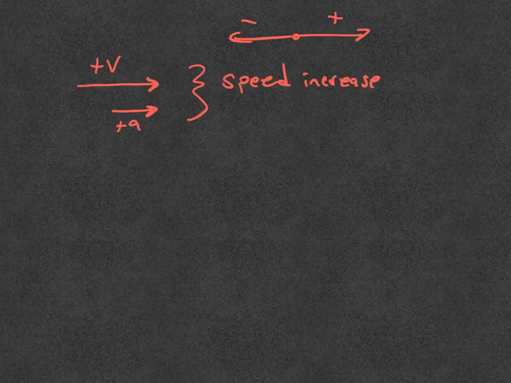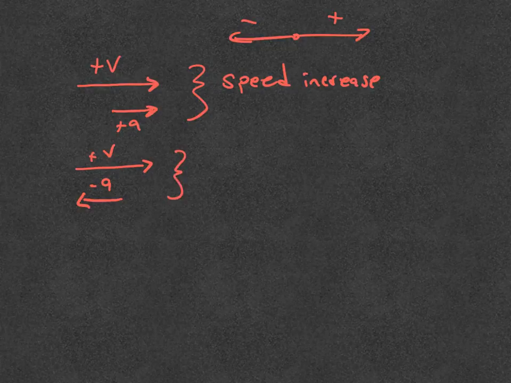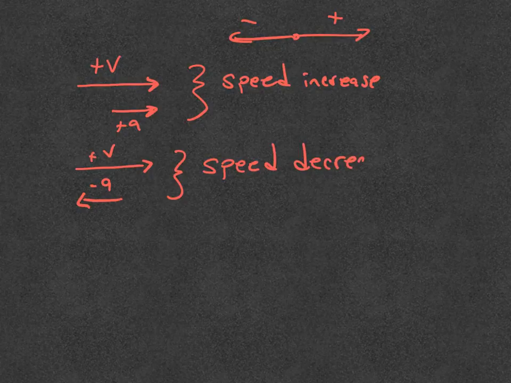So we have a positive velocity, positive acceleration, the speed increases. If on the other hand I have a positive velocity and a negative acceleration, so the acceleration is in the opposite direction, this is going to cause the speed to decrease.